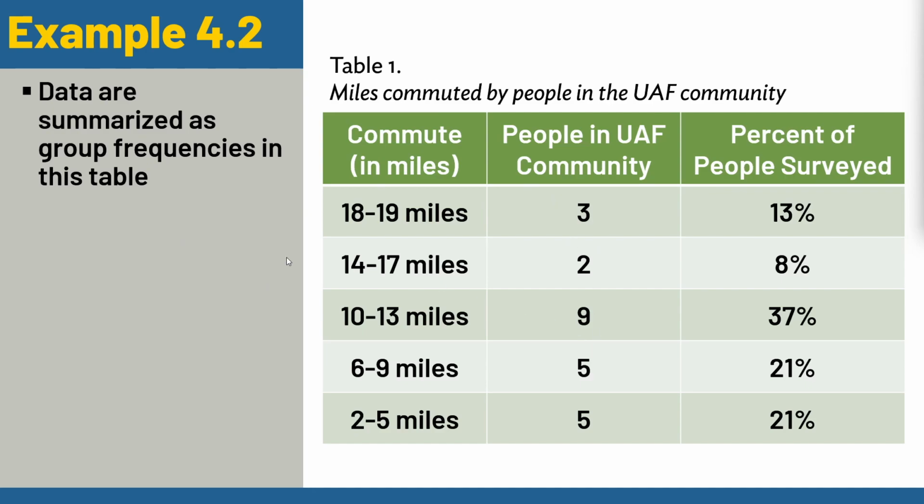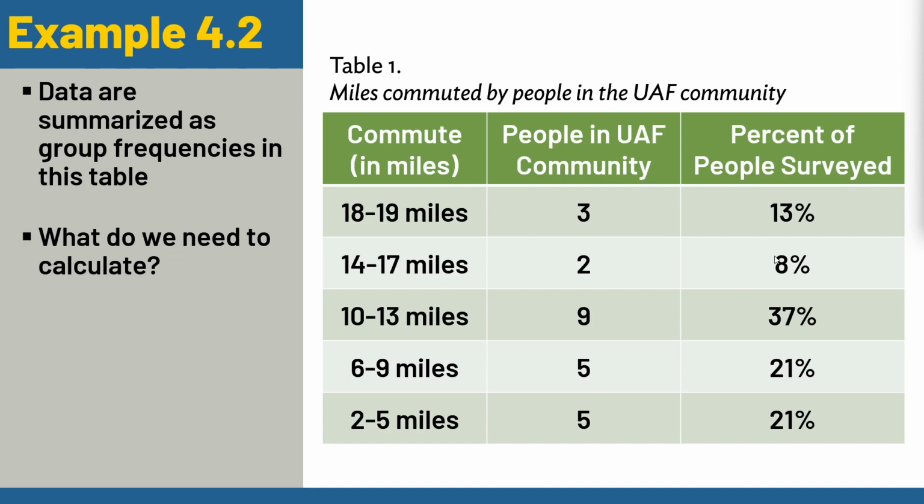So again, here's the table we saw previously, but now we can't say that directly. We can't see here what percent commute 15 miles or less, especially because 15 falls right in the middle of this interval. So we can already see this is going to involve some estimation, not necessarily guesswork.